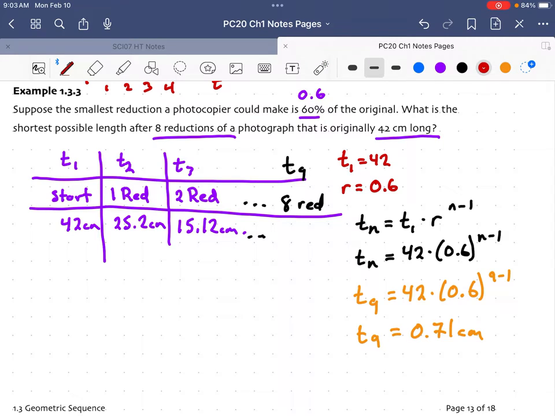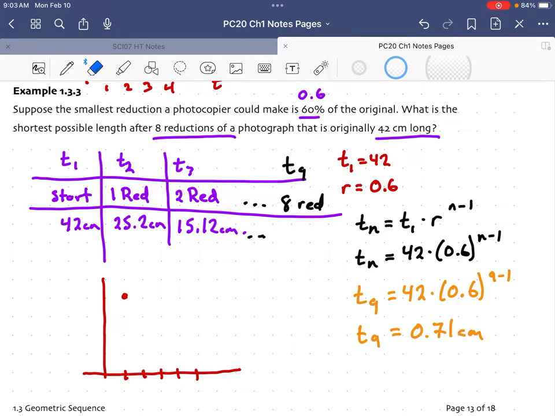Now, if we were to just quickly sketch a graph of this, term 1, 2, 3, 4, 5. So term 1 would be up here. Term 2 would then be down here. It would go like this. It would start to curve down like that.